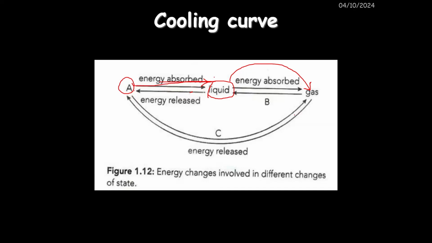If we allow it to cool down, so if we condense this gas, it will turn into liquid. Why? Because cooling down will allow the absorbed energy to be released, to lose the energy that the particles gained. Okay? And if we cool down again, the liquid will be converted to its original solid state.